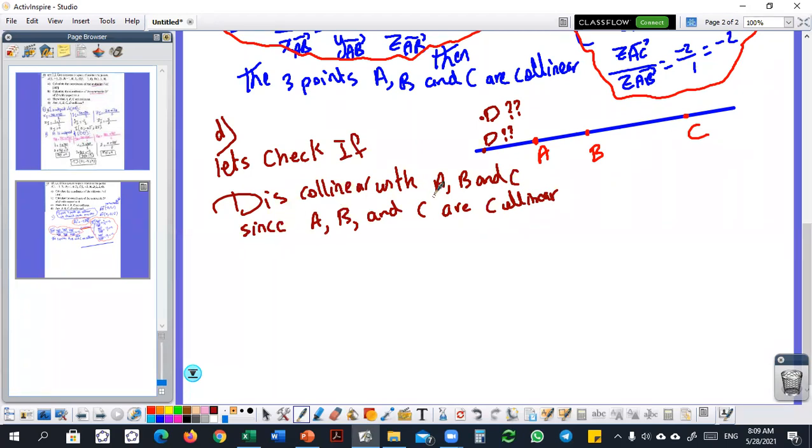So I will take AB vector and AD vector. I mean I will now check A, B and D. I put C aside because A, B, C are all 3 collinear, I take 2 of them and check D. If D is collinear with AB, it also becomes collinear with C.